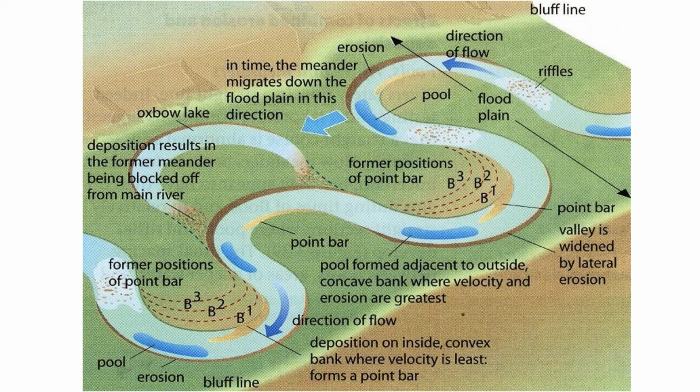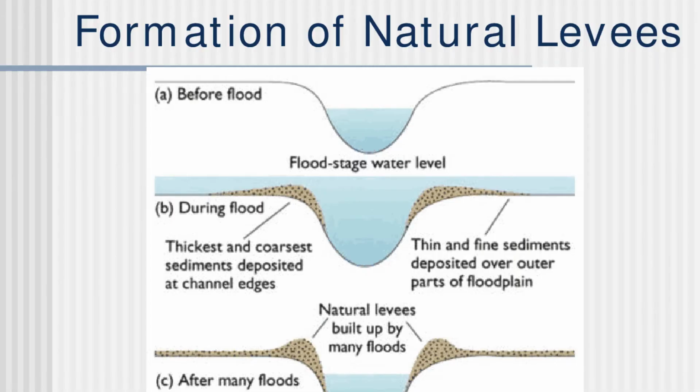And the next landform which we learn is natural levees. In natural levees, whenever there is a flood, the river rises and deposits some of the coarser grain sediments at the edges of the bank. As you can see in part B of the figure, from the initial figure there is a slight increase in deposition at the ends of the bank.